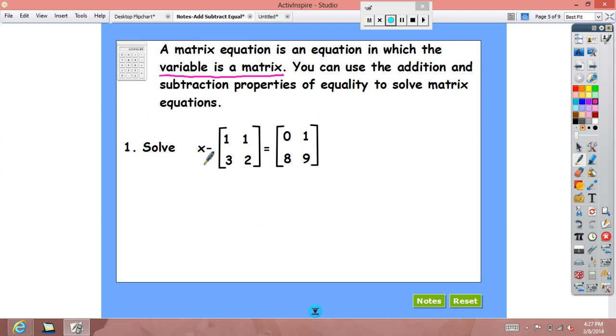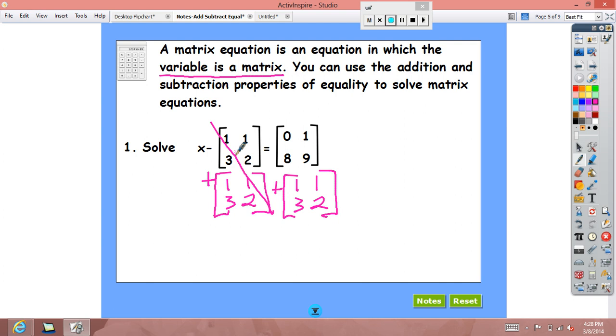Okay, so same thing as in regular equations, I have x minus this matrix. To move it to the other side in order to get x by itself, I just need to add it to one side and to the other. Alright, here I have the inverse matrices because this is a negative, this is a positive, so those cancel to become a zero matrix.